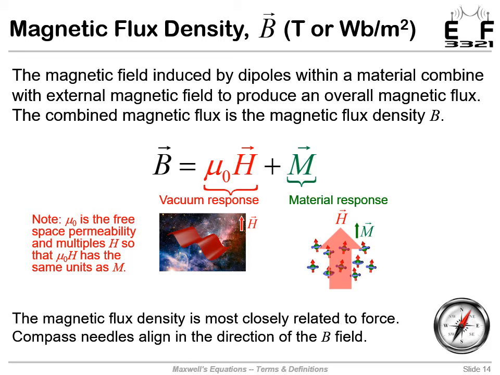The magnetic flux density is the all-inclusive term that includes how magnetic fields manifest themselves in outer space and also in matter. So magnetic flux density is the all-inclusive term, just like the electric flux density was the all-inclusive term.